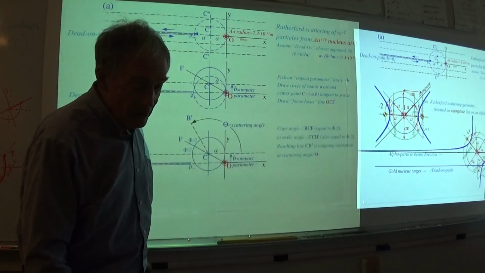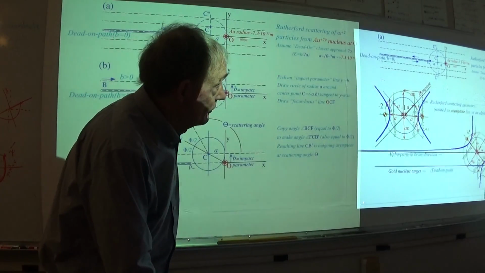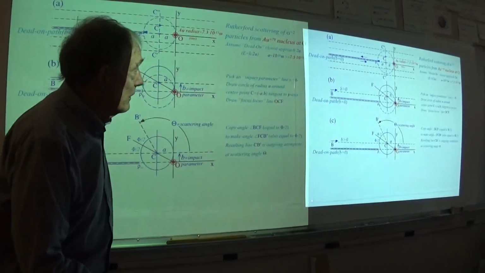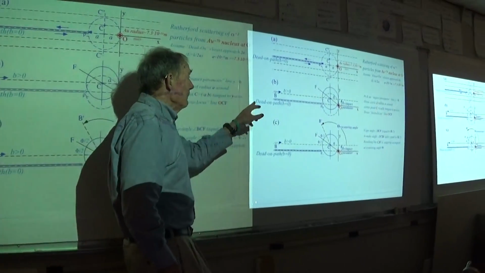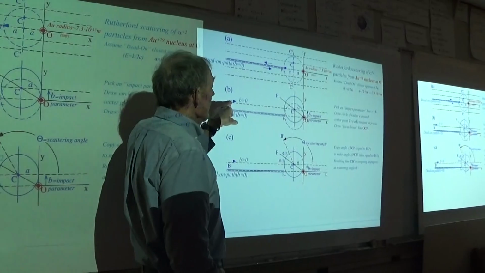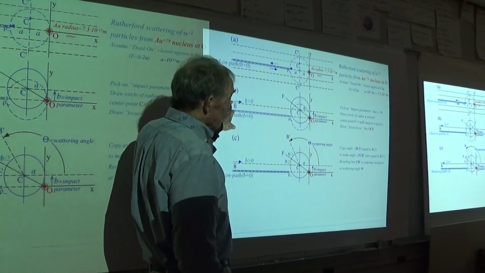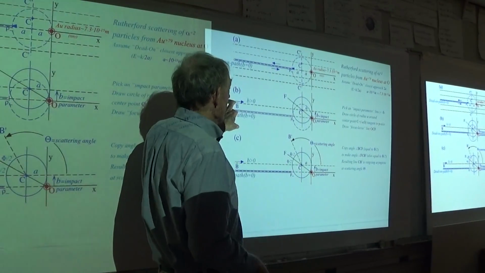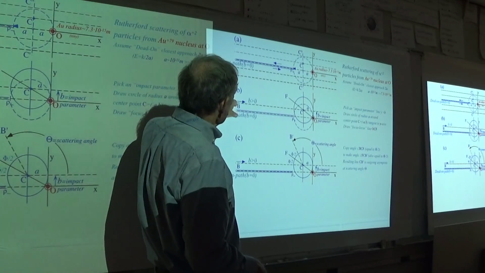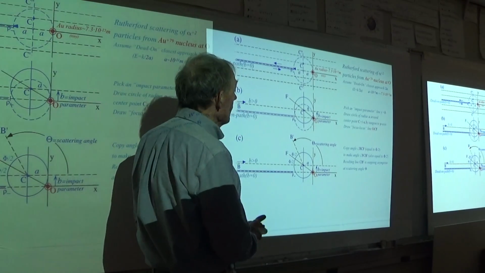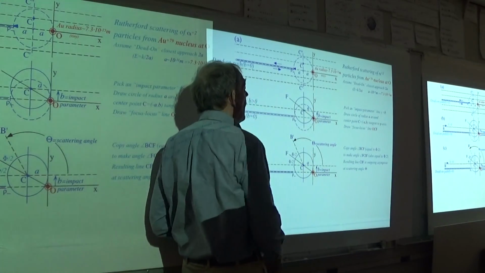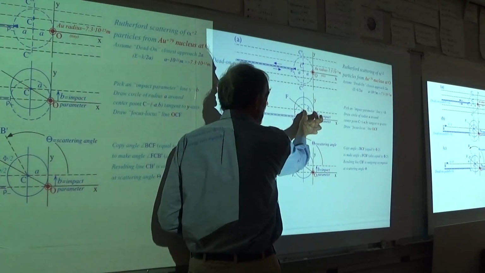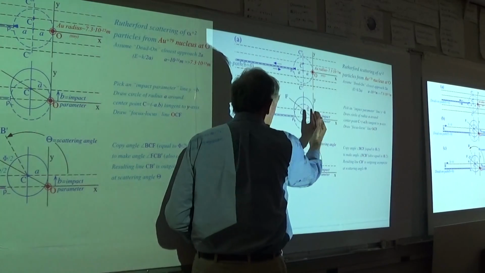So let's get this on all screens here so we can talk about it. The basic idea is that if you want to find out what's going to happen to the alpha particle that's on impact parameter B equal a unit, or any of the higher ones, well, it's just a matter of drawing a circle at the radius A away from the vertical.